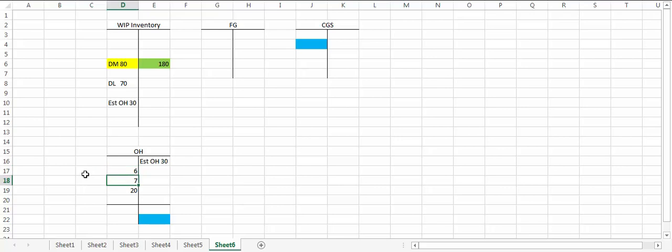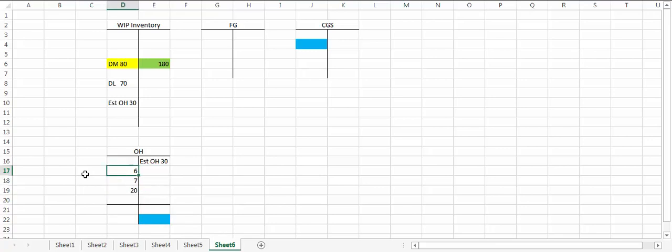This here represents depreciation, so I'm debiting overhead and crediting accumulated depreciation, right? Also with the rent, I'm debiting overhead and crediting cash or accounts payable, whatever the case may be, or prepaid rent. So this represents a varied group of accounts.